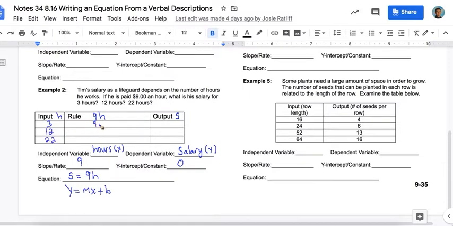So 9 times 3, and what's 9 times 3? 27. And now we're going to do 9 times 12, which is 108. And now we're going to do 9 times 22, which is 198.